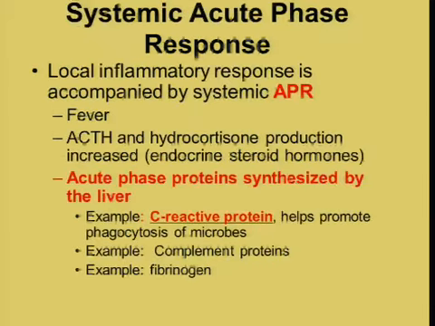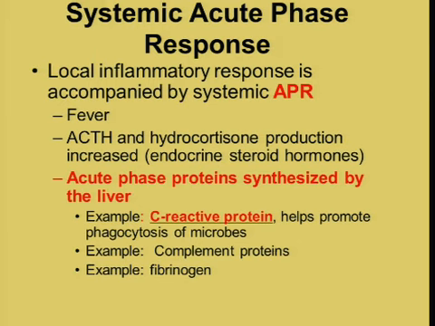And this, in turn, generates what is called an acute phase response. An acute phase response now goes systemically. So instead of having the pimple on your finger, now you have, let's say, bacteremia systemically. Now you kick in a much broader response, because it affects many different parts of the body, not just the site of infection, which in turn causes fever, a very classical response to systemic infection.